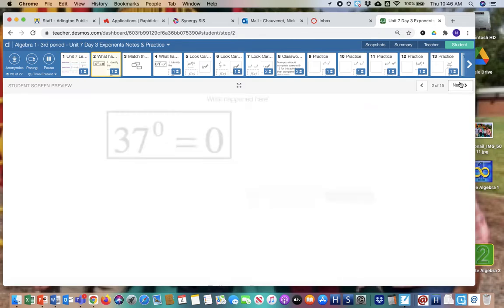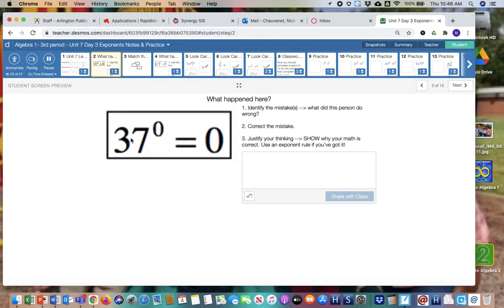All right, so here it says, what happened here? They have 37 to the 0 equals 0. Okay, well, what's the mistake? The student did not use the 0 power correctly. All right, so then correct the mistake. Well, what should 37 to the 0 be?